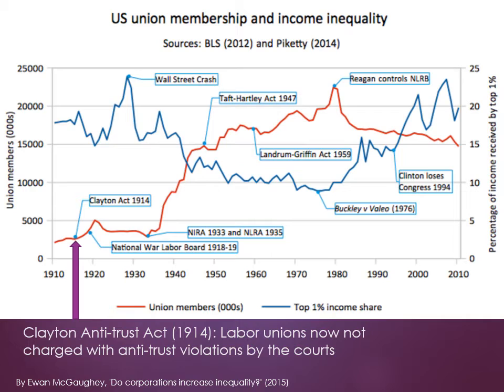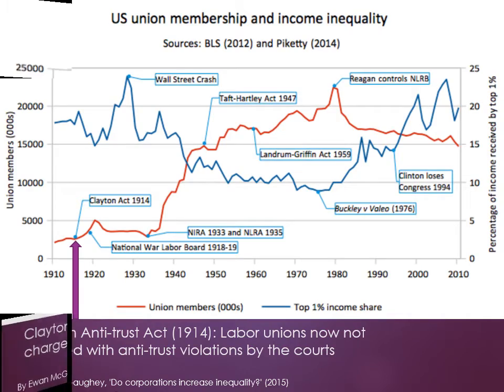It starts to go up. The red line represents the numbers of union members. The blue line represents the percentage of the national income that is controlled by the top 1% of the population. Now you'll see here the red line starts to go up. Unions start to get stronger as a result of the Clayton Act.